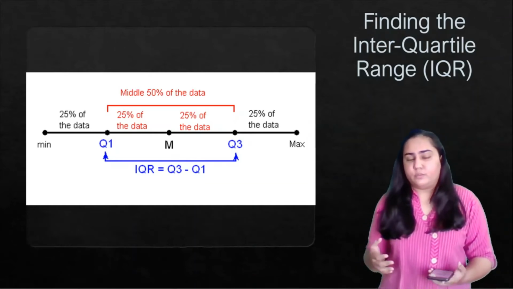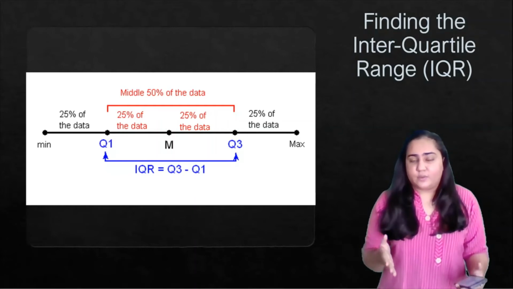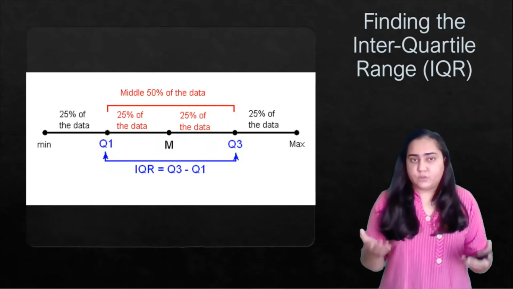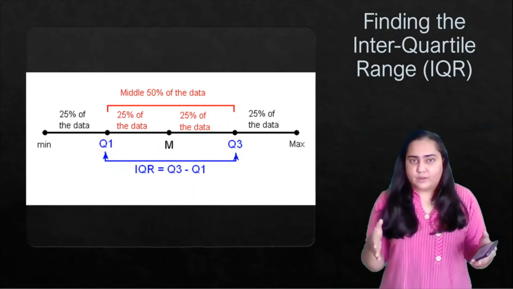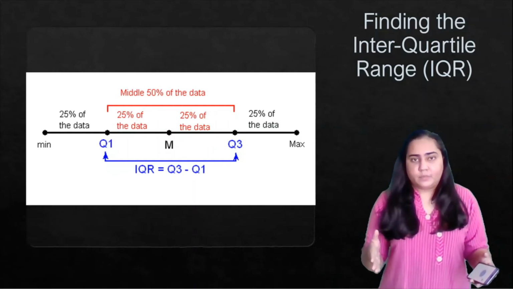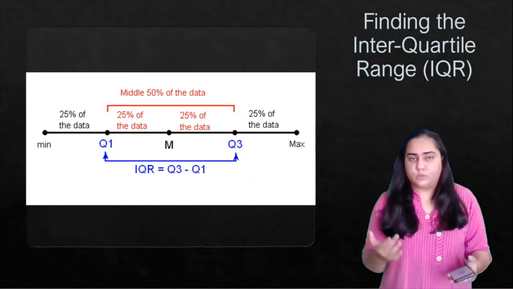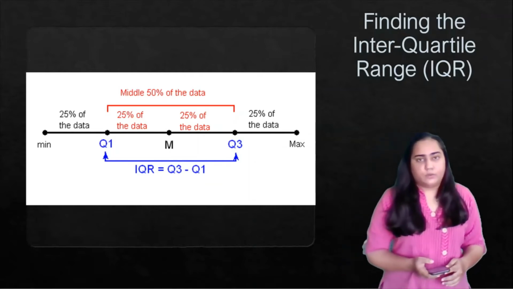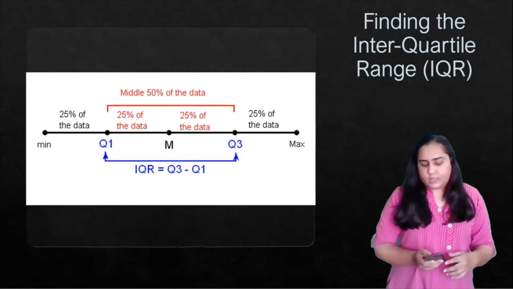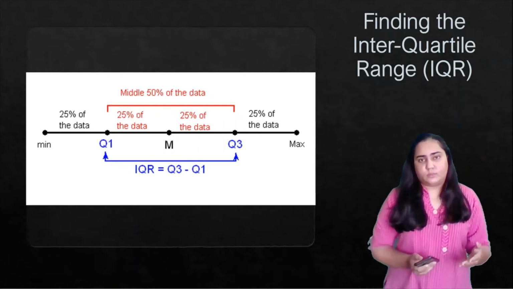Whatever data you have is now the middle 50%, and you also know Q1 and Q3, which are the points that mark this data. That is why if you just subtract Q1 from Q3, you will get the IQR, the interquartile range. That's how you can calculate it. We are going to see that with an example.